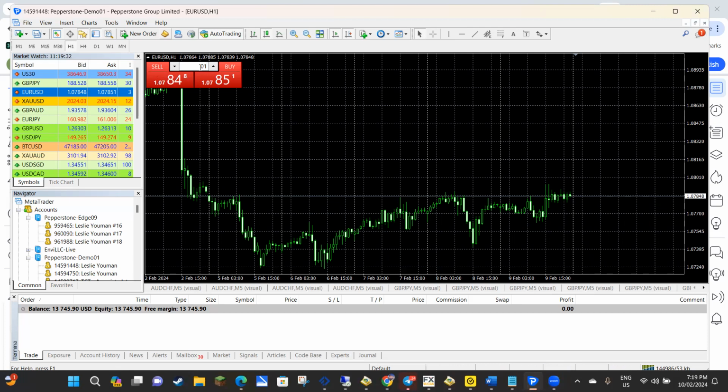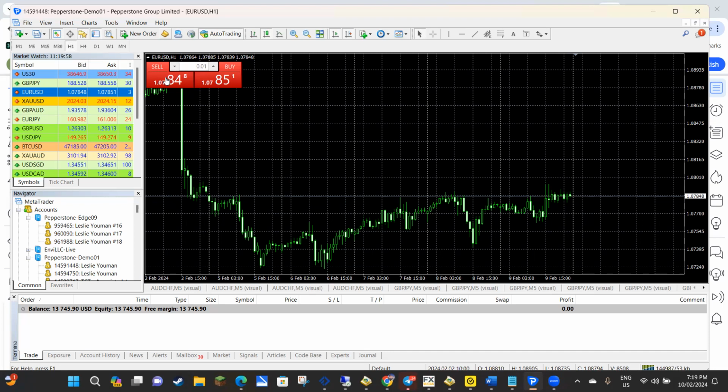And so our lot size needs to be 0.01, whatever lot size we need. And then we just click on sell. Why isn't it working? Well, I just realized it's a weekend, so I can't actually place a trade because with Forex, it's only 5 days a week. So on the weekends, the markets are closed.